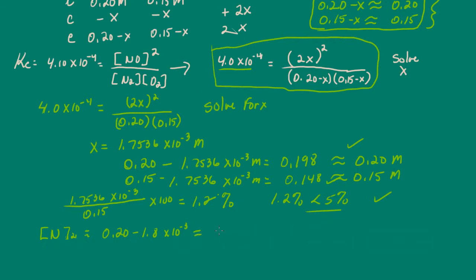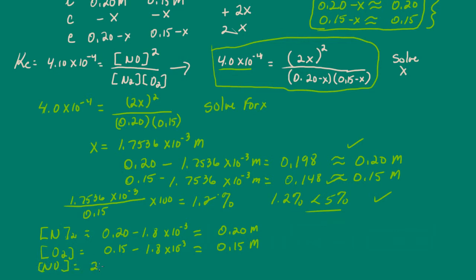And that gives us 0.2 molar. And then, of course, our concentration of oxygen is 0.15 minus 1.8 times 10 to the negative 3, and that gives us 0.15 molar.